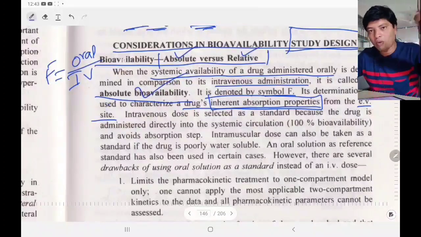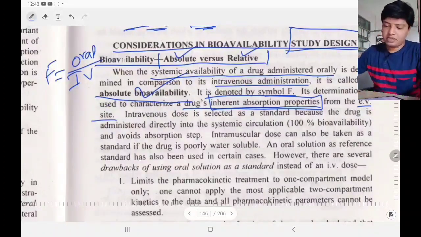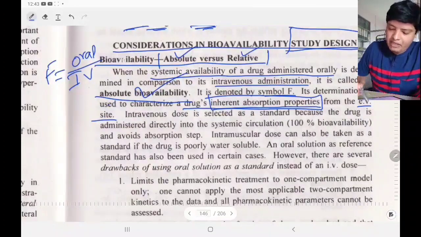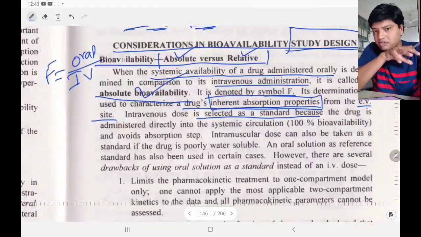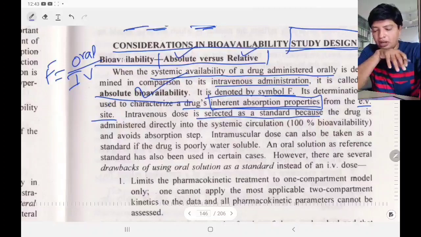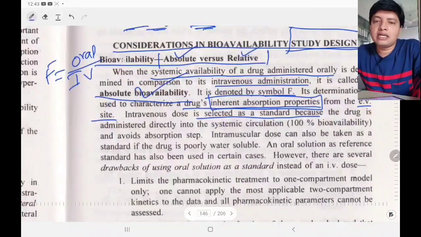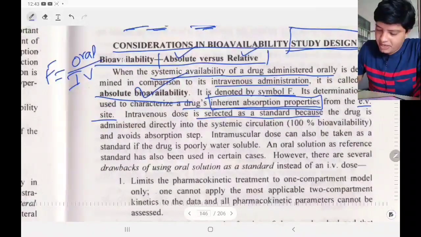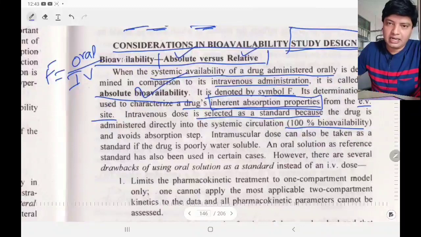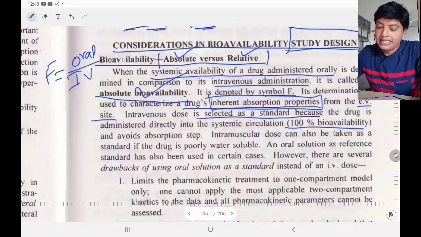So what is absolute? Oral by IV of the same drug. Then the intravenous dose is selected as a standard. In this type of study, your absolute bioavailability study, we consider IV of that particular drug as a standard, because obviously 100% of the drug is available there, hence we consider it as the standard.